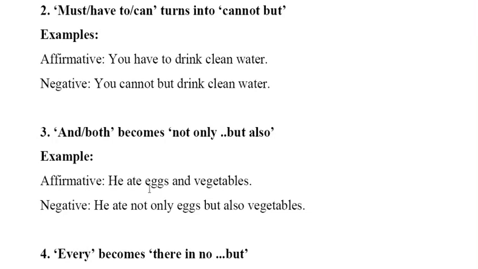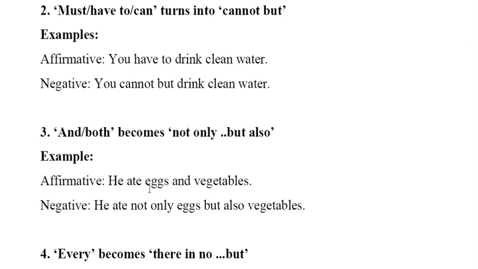Number 3 says, and, both become not only but also. If we find and or both in an affirmative sentence, to change it to negative we'll take not only but also. Affirmative: he ate eggs and vegetables.